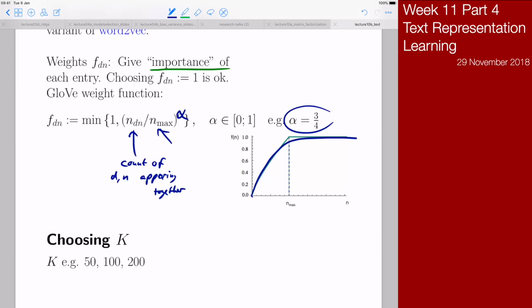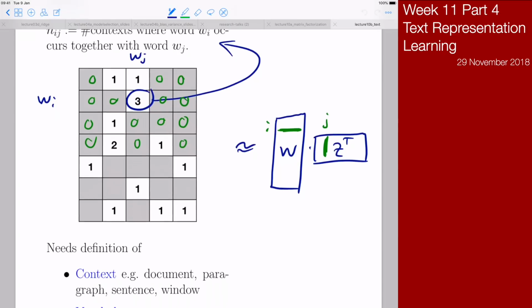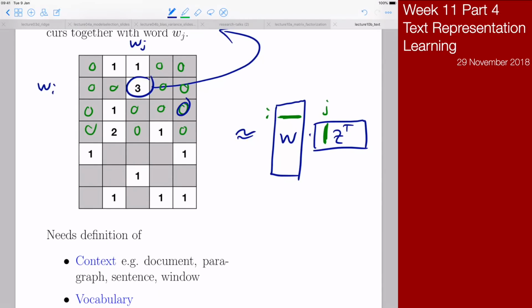It's just that you want to have a kind of a weighting where here is again the count. You want to have this weight grow, and apparently it's a good idea to have it 0 when the count is very small. If the weight would be equal to 0, that would be the same as if you look at the loss function, it would not take part in the loss function.